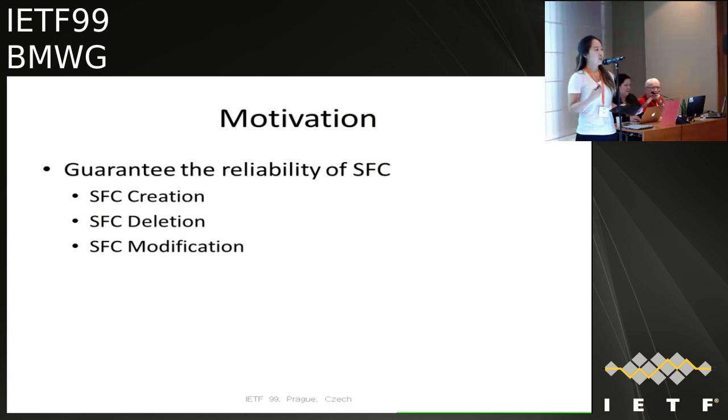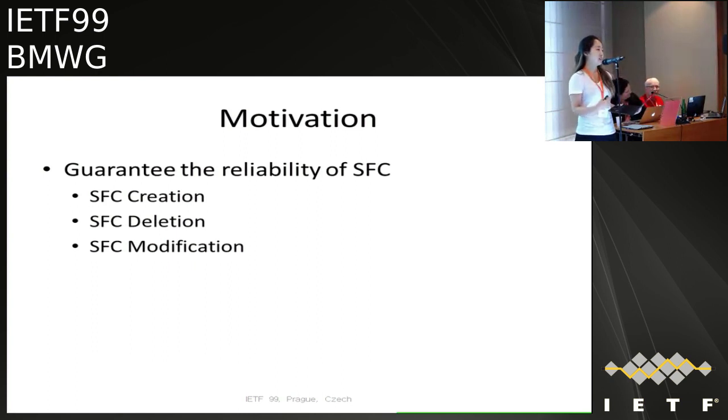But when you try to change the paths and add many rules to the switches for many multi-tenant services, with many services on the network, it's going to be hard. And some switches take more time than the other switches. So from the perspective of an operator, we think SFC operations must be done at the right time and on the right path.